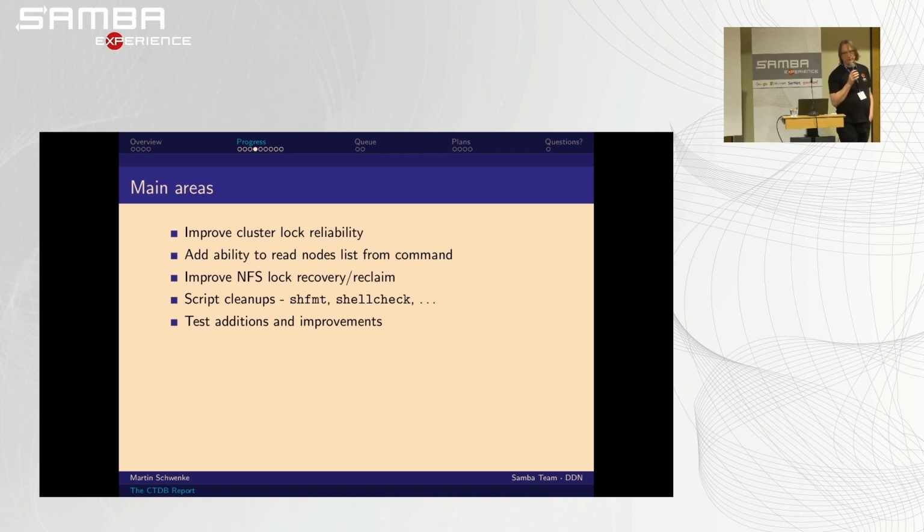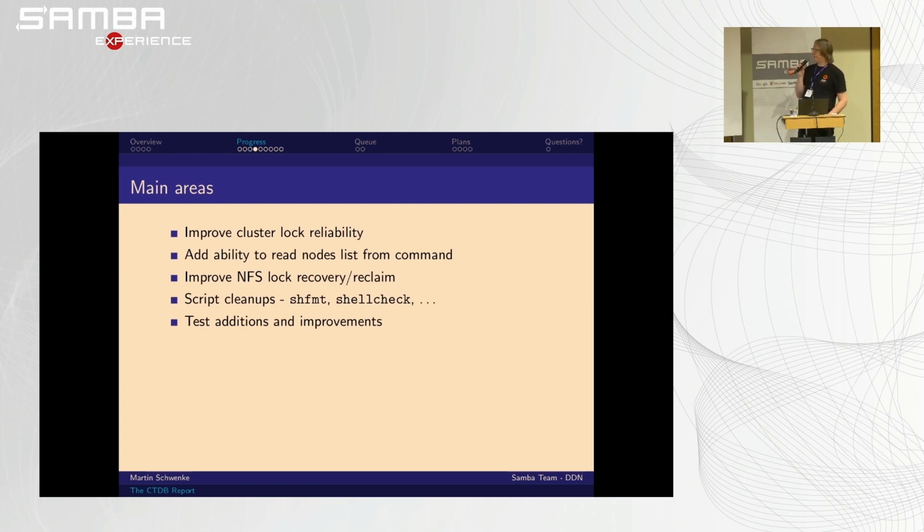So what are the main areas that have improved in the last 3 years? Early on, I did some work to improve cluster lock reliability. The nodes list no longer has to be in a file, so if you want the cluster to be more dynamic, in a Kubernetes cluster or something, you can read the nodes list from a command.